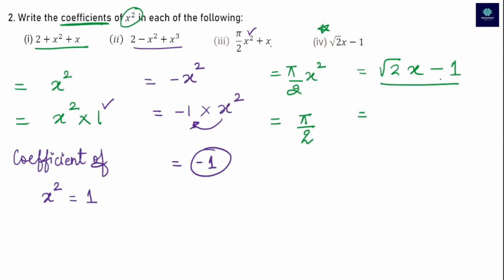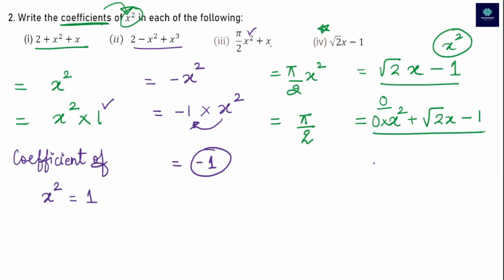As this expression doesn't have x squared term, I will rewrite this expression as root 2x minus 1, and I will produce a term that contains x squared, but I will multiply this term with 0 because 0 into x squared is going to be 0 anyways, and we are not actually changing the question. Now our question was to find the coefficient of x square, and as per this new expression that we created, the coefficient of x square is 0.